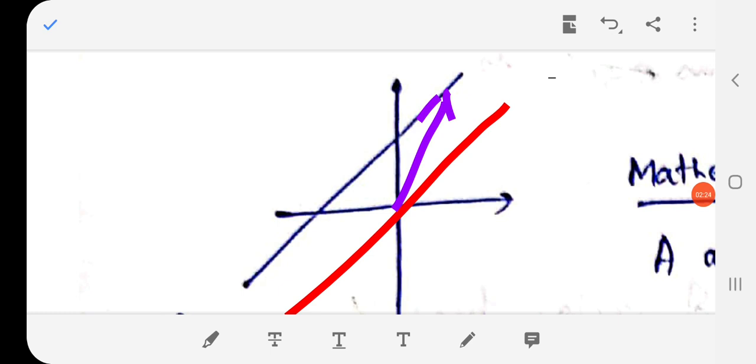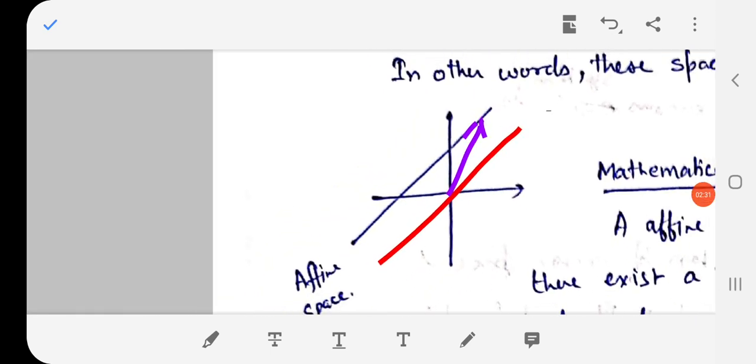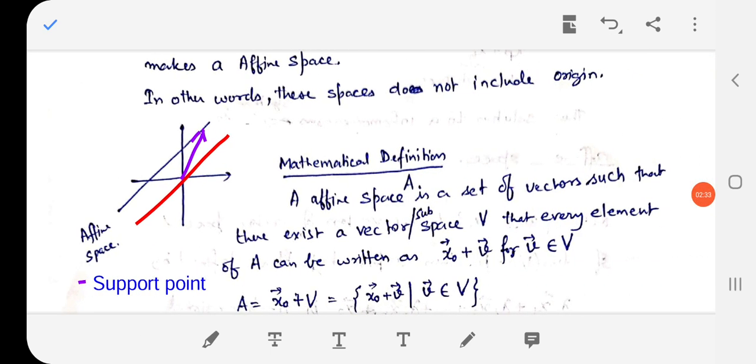So earlier the red line was a subspace, but now the blue line is not a subspace because it is not passing through the origin. So that is the definition of the affine space. And this purple vector is called the support point.